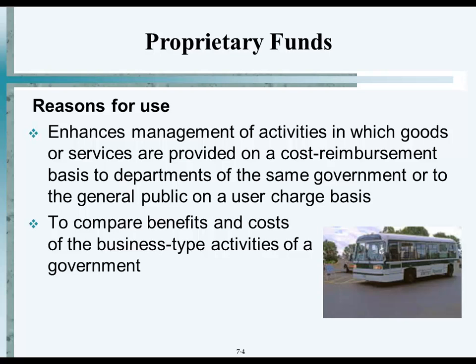Give me an example of a business type activity in New Jersey. New Jersey Transit, right? Water utilities, electric utilities, but only those that are run by governments, not investor-owned utilities or transportation systems, because they are for-profit.